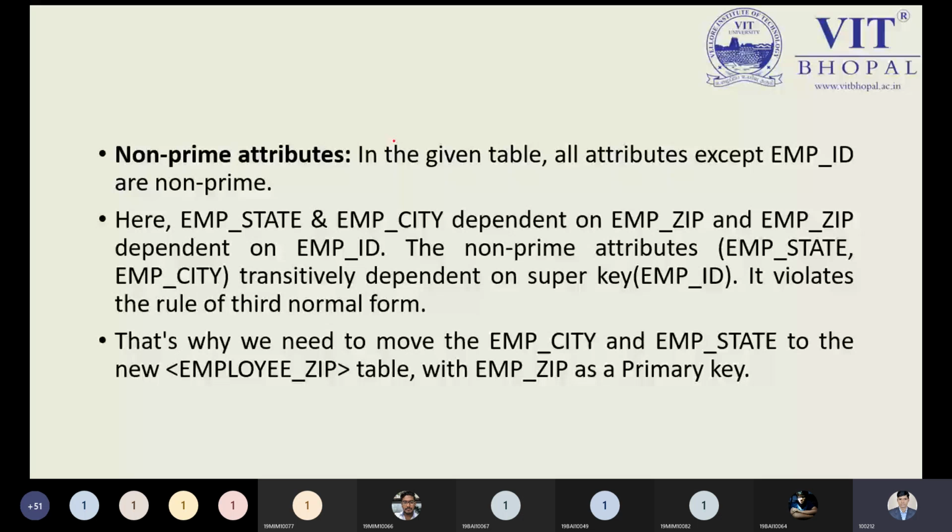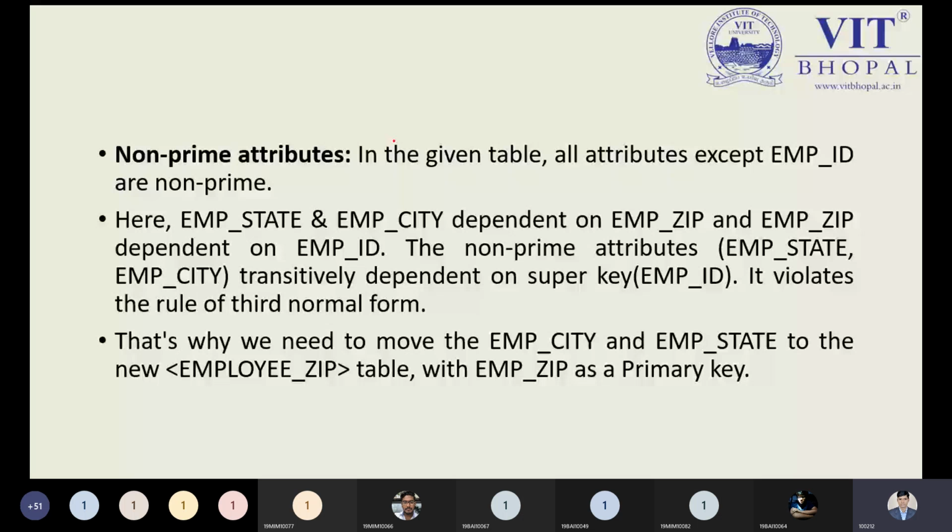According to this logical concept and the actual fact, the employee zip is the attribute required to explain the employee state and employee city. And the employee name depends on the employee ID, because the employee ID is an attribute which defines the employee name.